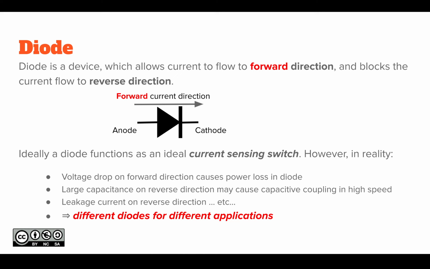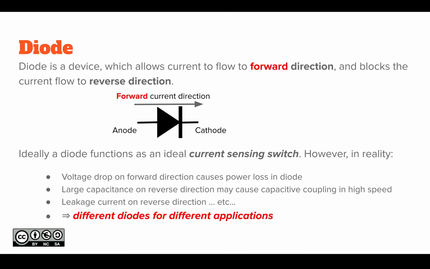Unlike, for example, capacitors and inductors, which you can make so good that for small signals you don't need to care about the power loss. But for diodes, you always have that voltage drop. Large capacitance in the reverse direction may cause capacitive coupling at high speed.